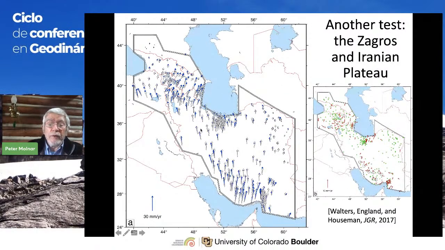And when they solve, again, the white arrows are the observations, the blue arrows are the calculated values, and they're not very different. They differ a little bit in places. This is the misfit, again, with the green showing you the ones that are misfitting by some small amount, and the red showing ones that misfit by more. So there are some that are not fitting that well, but it's a pretty good match when you look at it shown in this way.